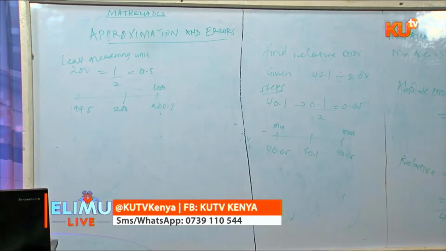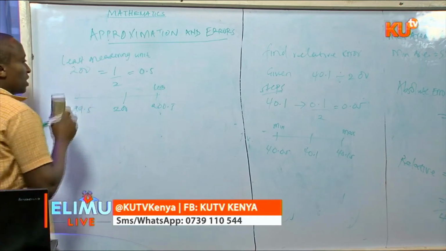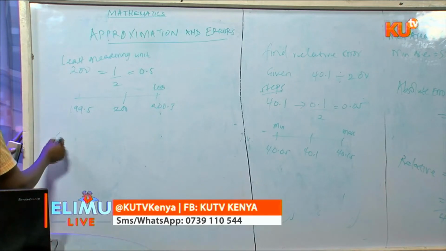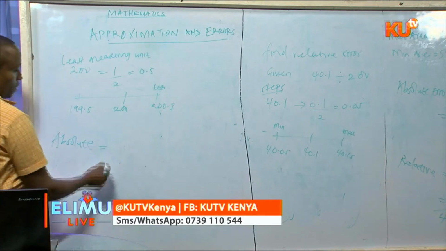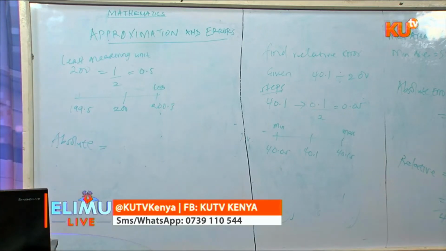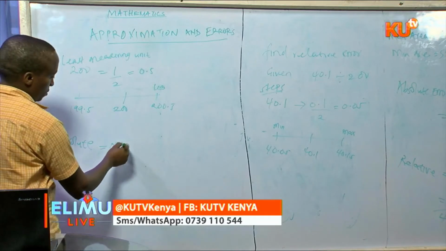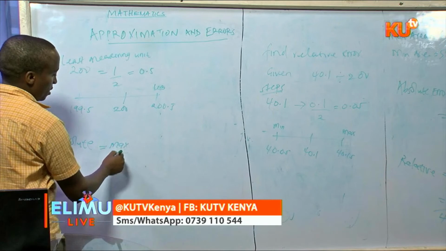I don't want to commit an extra error. So let's get the absolute error now. For this one, it automatically becomes the maximum divided by minimum.